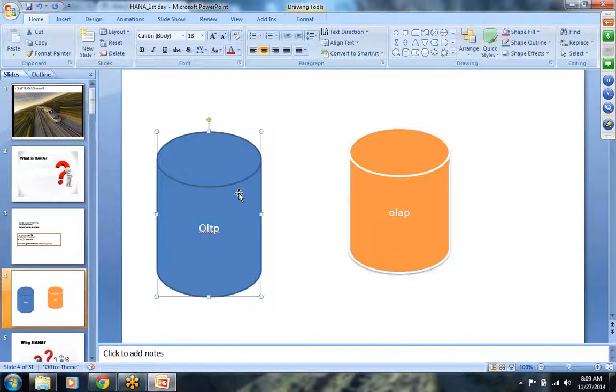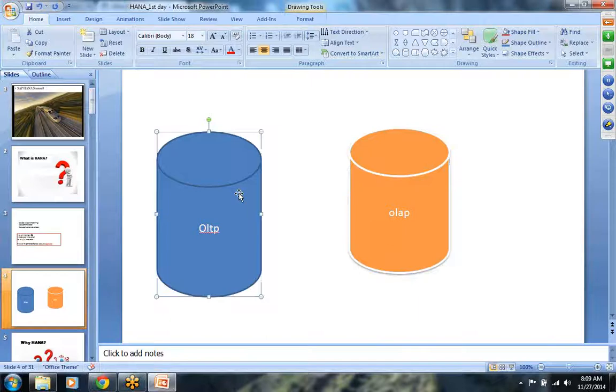The day-to-day transactions are stored in the OLTP system. And the OLAP system is the online analytical system, for multi-dimensional queries and multi-dimensional data, for analytic purposes.